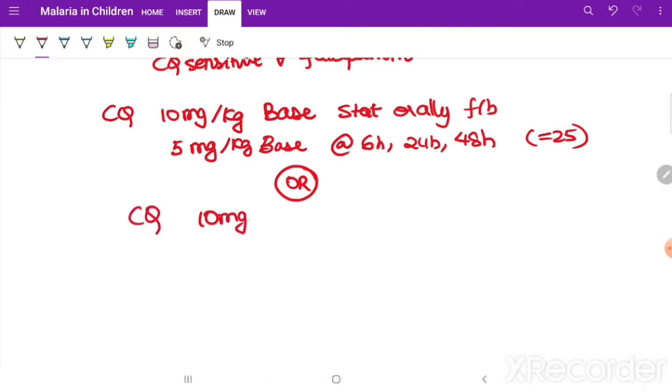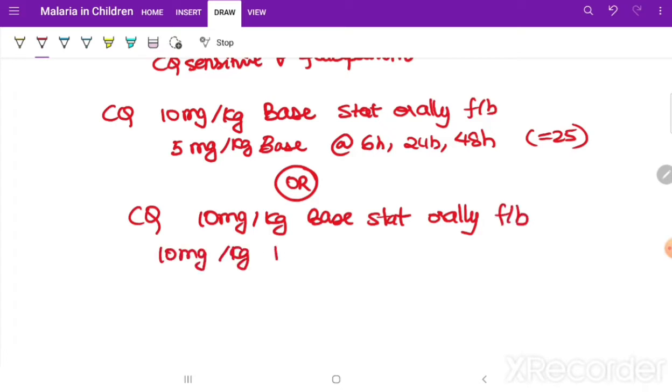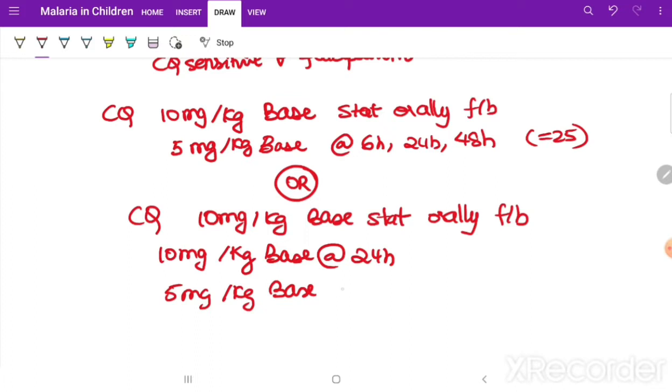Chloroquine 10 mg per kg base stat orally, followed by 10 mg per kg base at 24 hours, and 5 mg per kg base at 48 hours. So total becomes again 25.